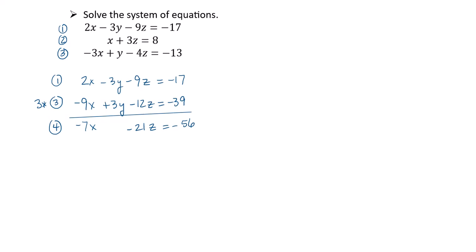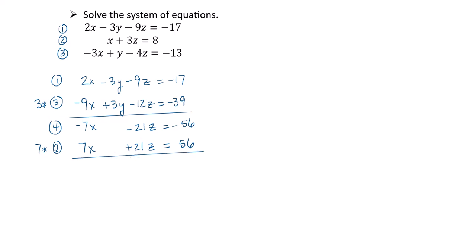So I'm going to take my equation 4 that I have, and I'll see if I can eliminate x. I'm going to take 7 times equation 2. That will give me a 7x plus 21z equals 56.